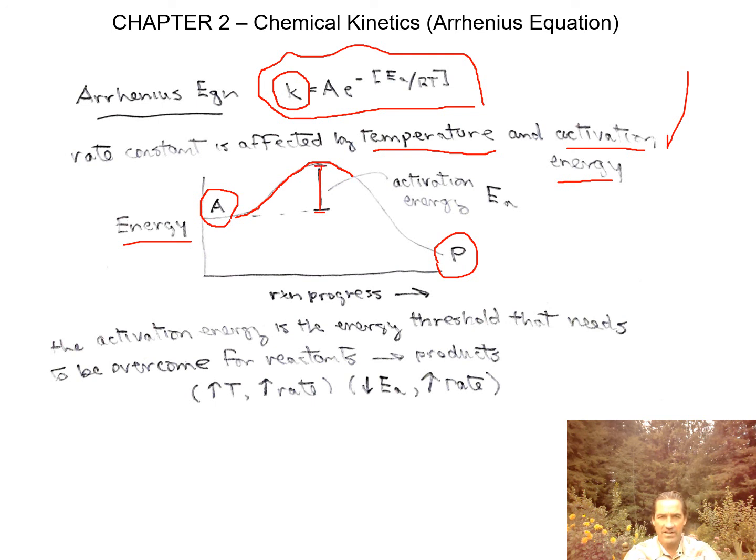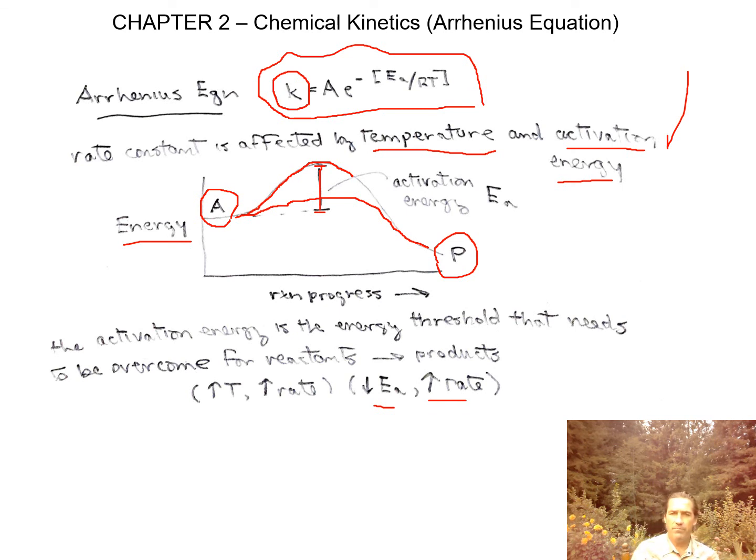The higher this activation energy, the slower the reaction will be. So again, the activation energy is the energy threshold that needs to be overcome for reactants to turn into products. And if we have a lower activation energy, something like this, that would be faster. We'd get a faster rate out of that if it was lower.